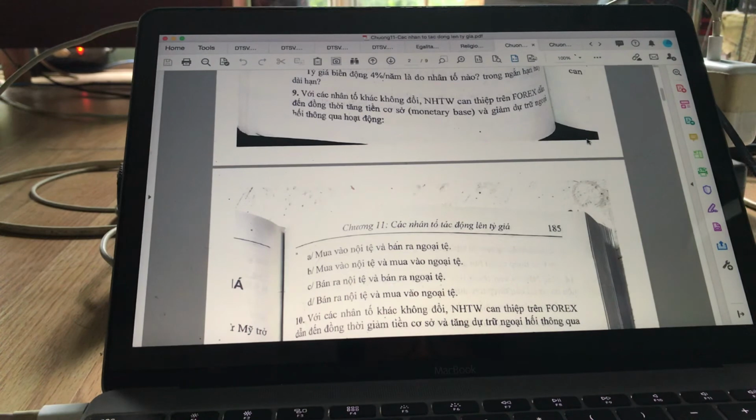C, right? So in this question, the central bank has to make an intervention on both the forex and the OMO.